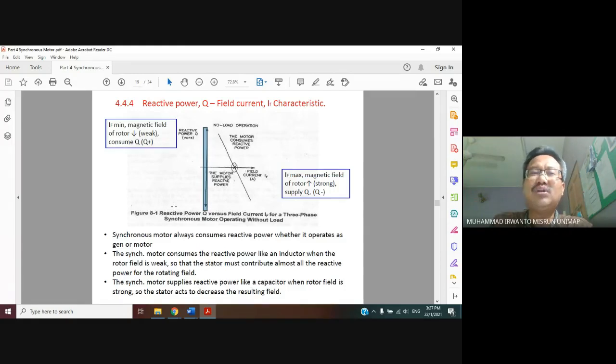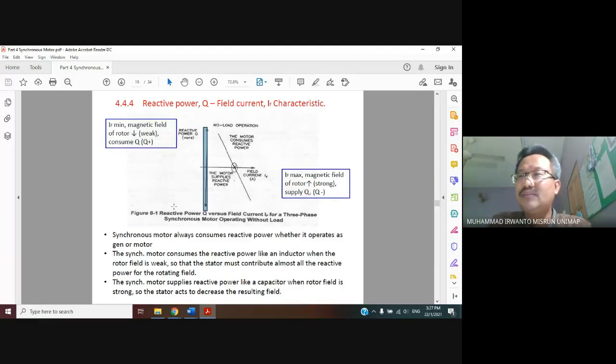If we discuss the reactive power, the motor can consume or supply it. Generally we want the power factor of the motor to be unity, which can be obtained by, for example, adding a capacitor, but it also depends on the load.